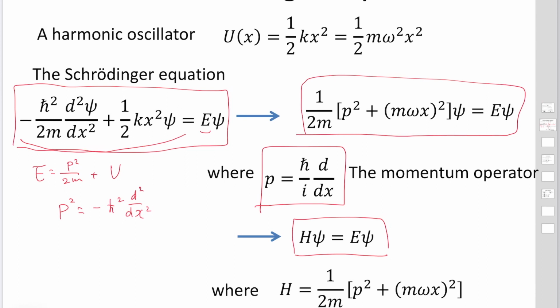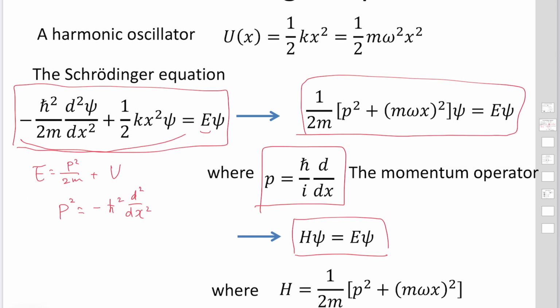Okay, so we are going to solve this equation. This is a second order differential equation. We could solve this differential equation using the techniques we learned in advanced mathematics lectures. But in this lecture, I use a different method.